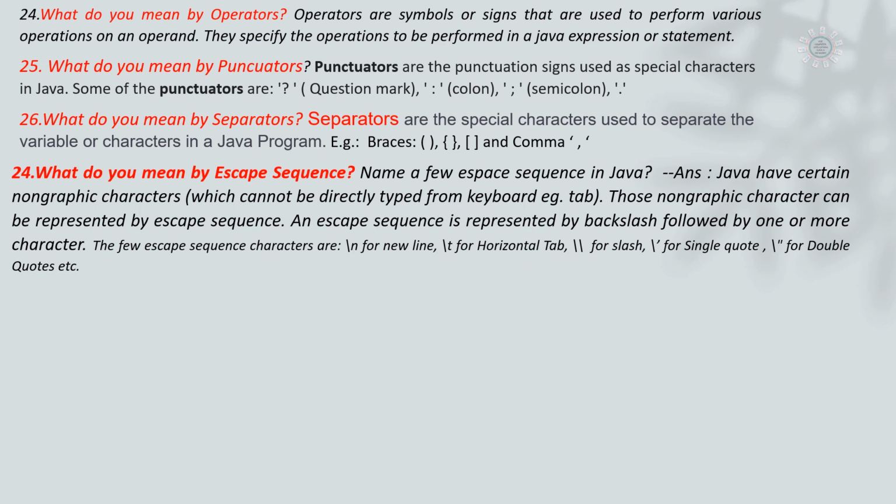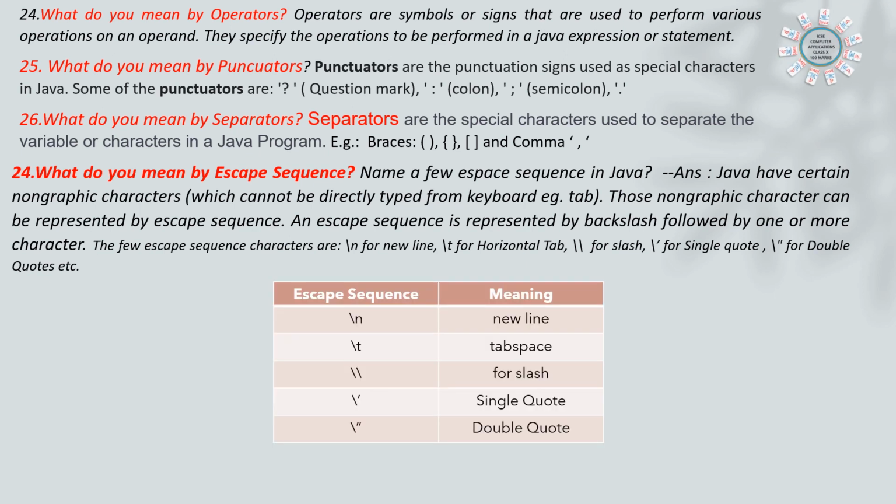Please see that video if you have any doubt. Here we are just discussing the important questions, not in detail. So here we have to learn these escape sequences. That means \n for new line, \t tab space, \\ means one slash will be printed, \' one single quote will be printed, and \" one double quote can be printed.